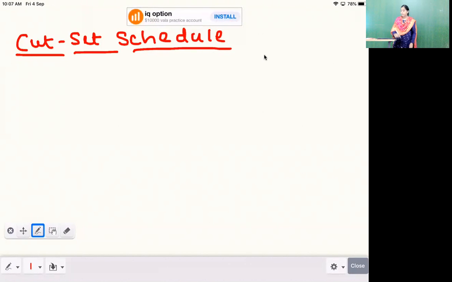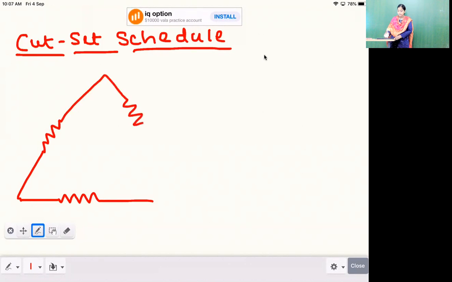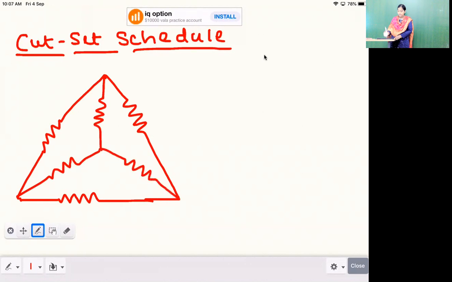In order to understand the cut-set schedule, let me consider an example. Let me take one circuit and draw it here.